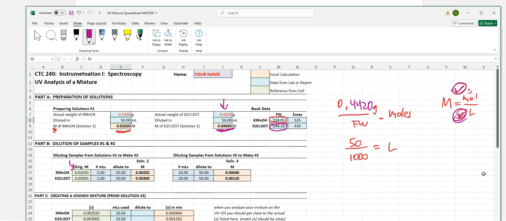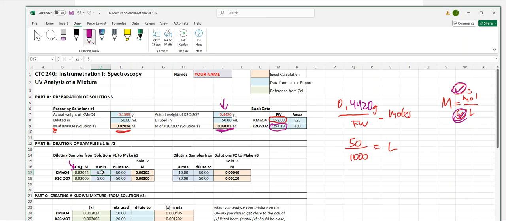And because you just referenced that cell, it also corrects it under part B at the same time. So there's less that you have to do with the spreadsheet if you reference these cells the way that they are.